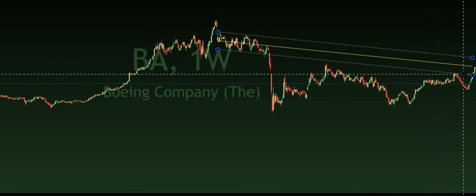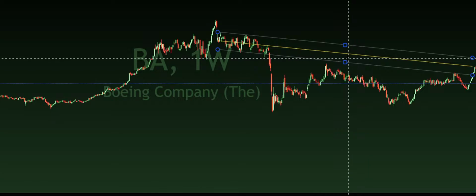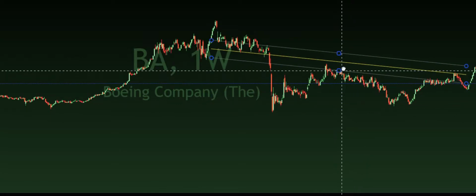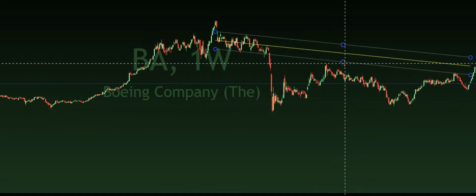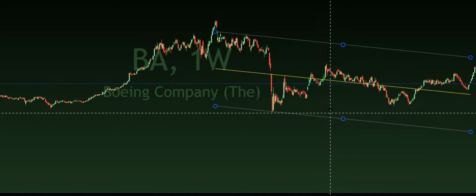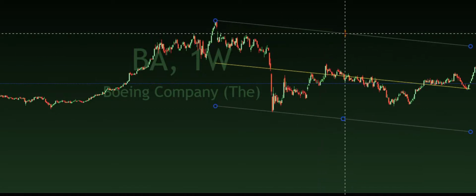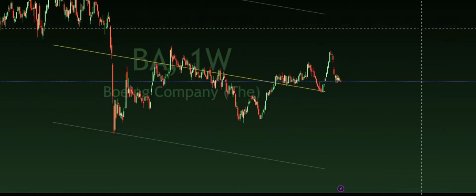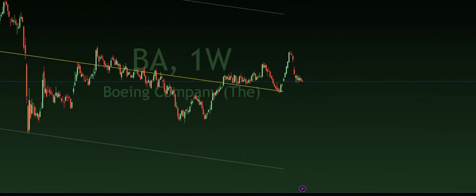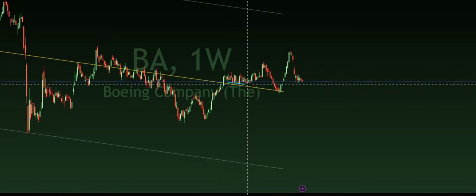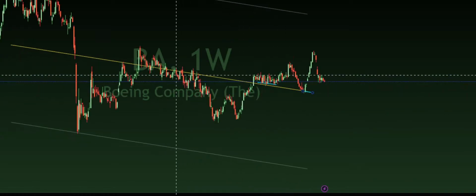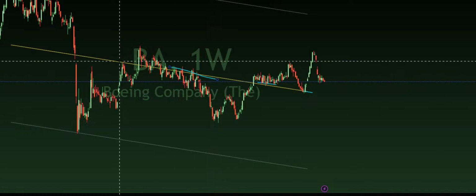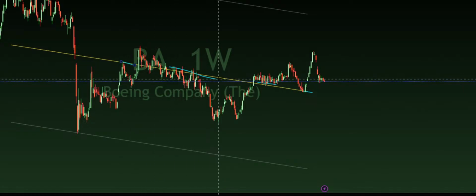Right? And then from there, I expand. Now this is one slippery but hard to deny channel.